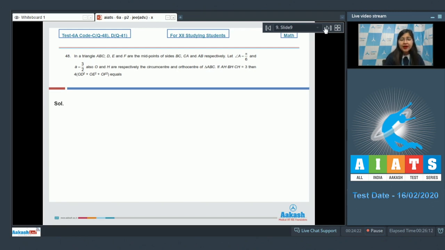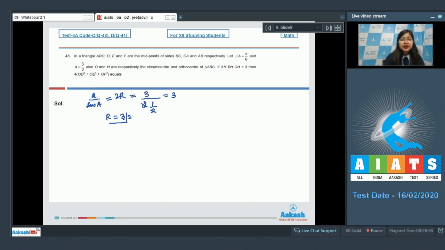See, angle A is given and side a is given. So we have a upon sine A is equal to the value of 2R. So this is equal to 3 by 2 divided by sine 30, that is 1 by 2. So this is 3, which means that the value of R is 3 by 2.